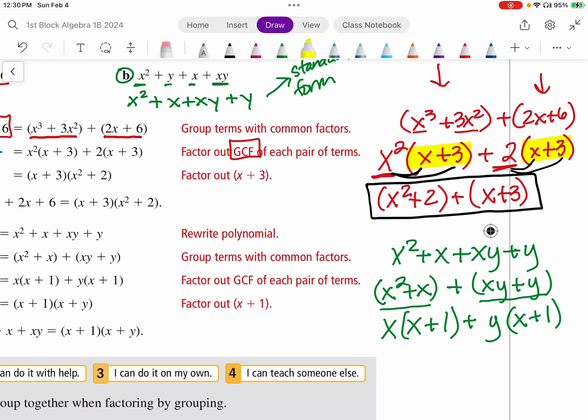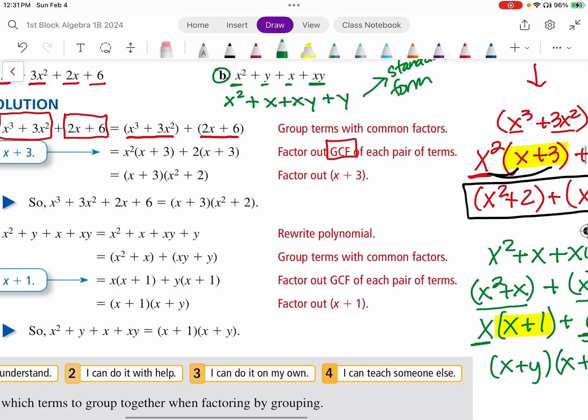Did we get the same binomial in our parentheses? We did. That's great. So now we rewrite it with our factored out terms in one binomial and whatever's in our parentheses as the other binomial. And we can see here we have the same answers.